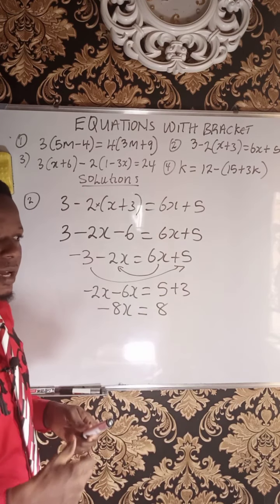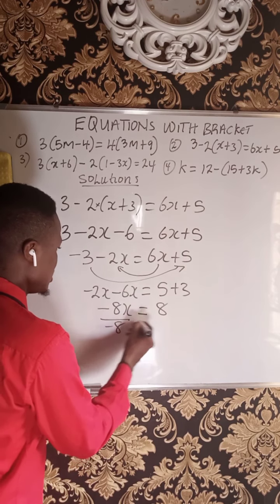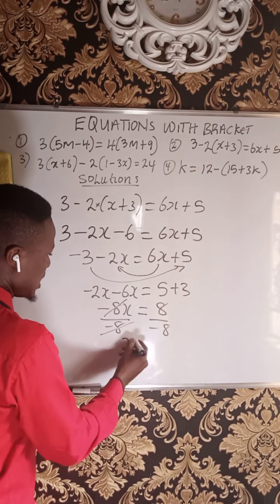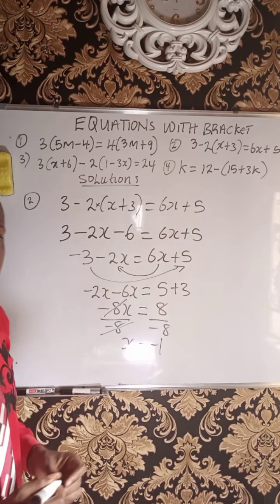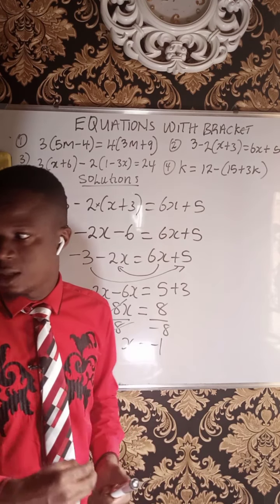So to get the value of x, I will divide both sides by negative 8. So I have minus 8 over minus 8. Minus 8 cancels minus 8. So x is equivalent to minus 1 because 8 divided by minus 8 is equivalent to negative 1. So let us clean this and take the third question.